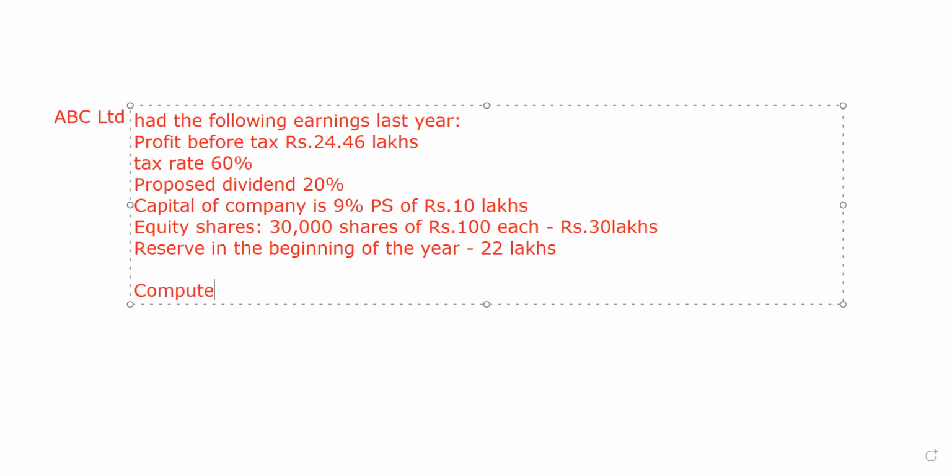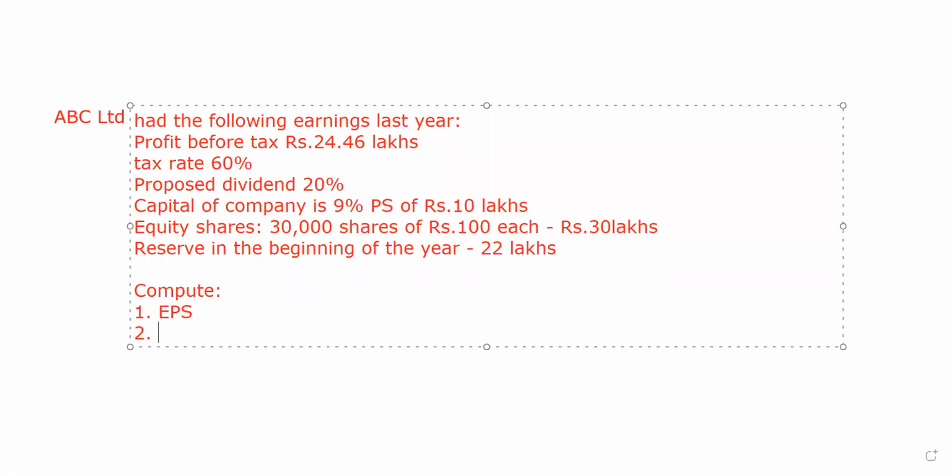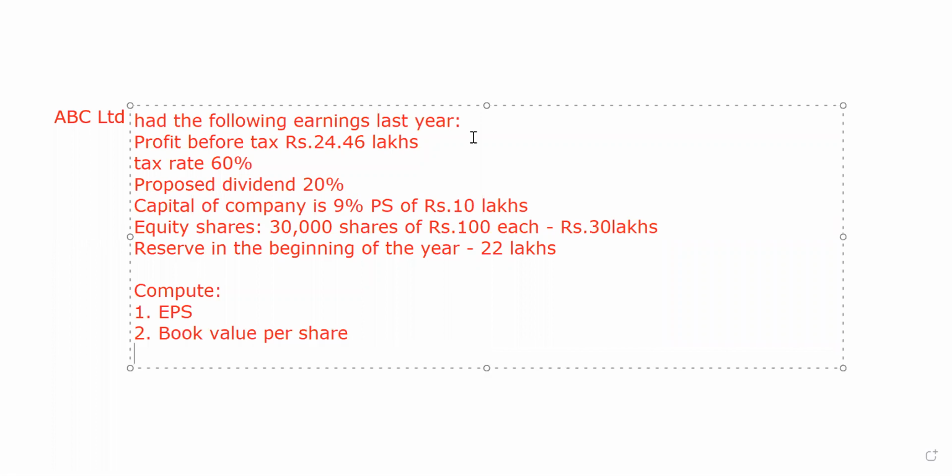So from this, we have to compute: 1, EPS; 2, book value per share; 3, price earnings ratio.